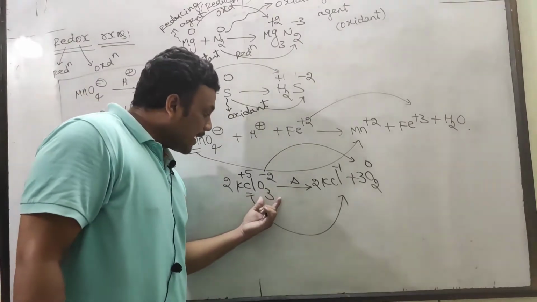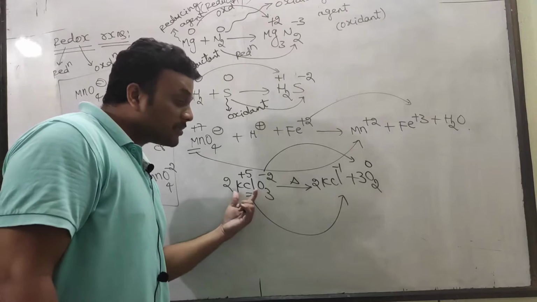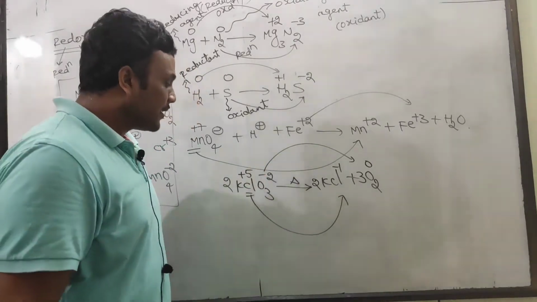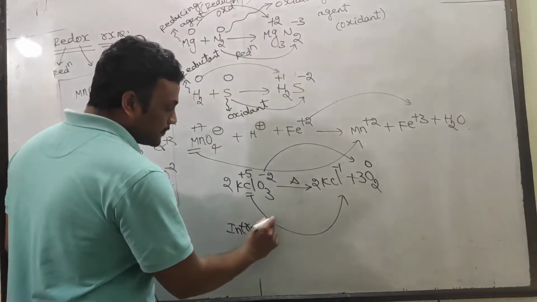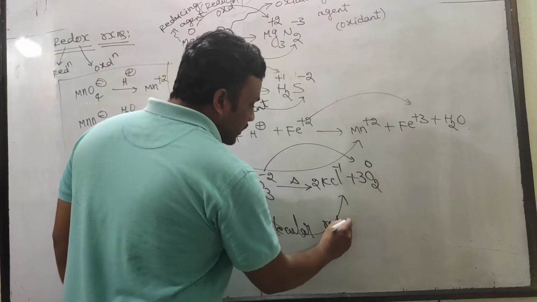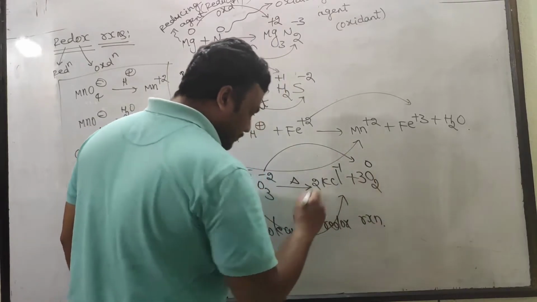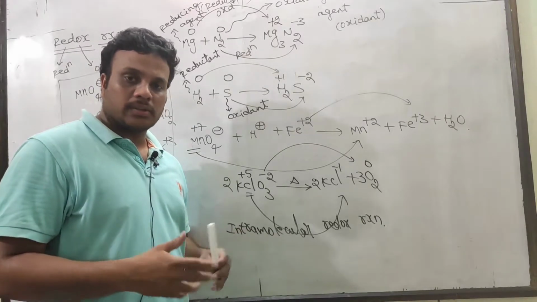So oxide ion from potassium chlorate undergoes oxidation and chlorine from the same substance undergoes reduction. This is called intramolecular redox reaction.